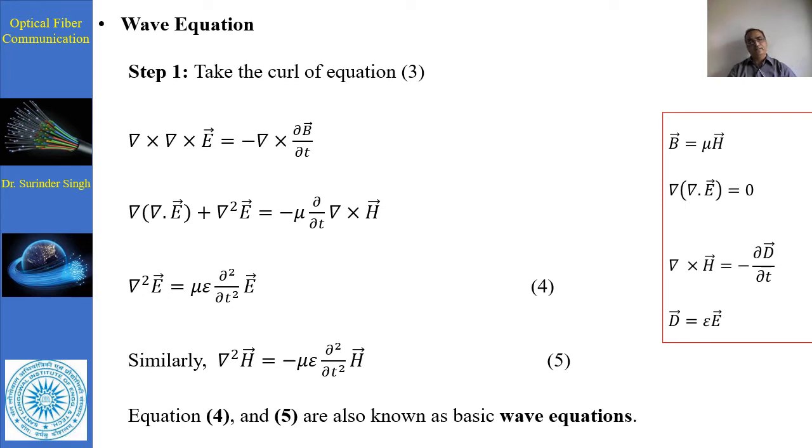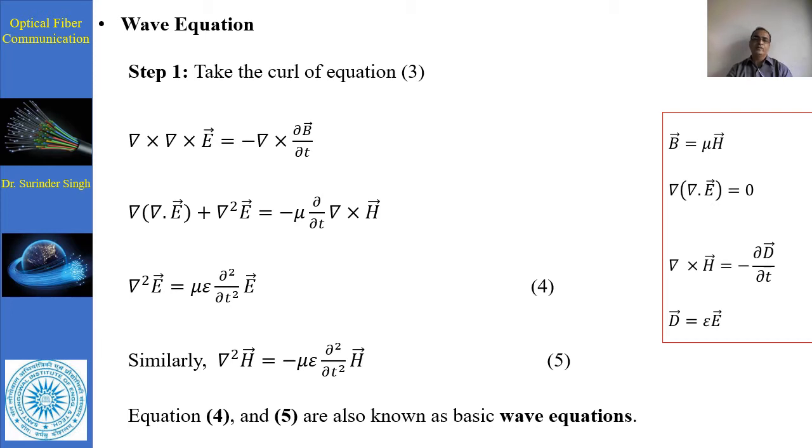And del cross del cross E is, by a formula from electromagnetic theory, equal to del of del dot E minus del square E. So this del dot E is equal to 0, which we have already elaborated in equation 1, and the same is elaborated in equation 2 for del dot H.